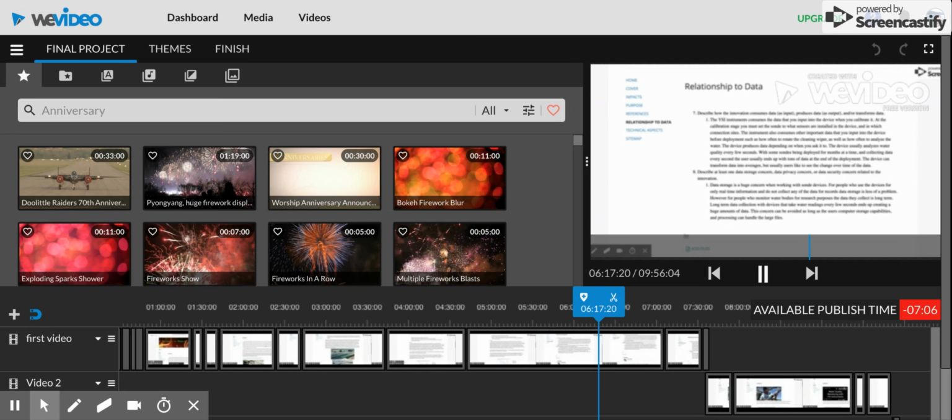The last two questions we will be looking at are, describe how the innovation consumes data as input, produces data as an output, and or transforms data. And the YSI consumes data through what we just talked about, programming. The user will program that device to collect certain types of data. But what these devices really shine at is producing data, and that's when they're out in the water and they're sensing water quality.